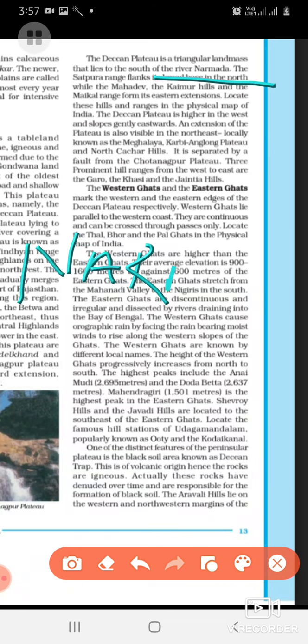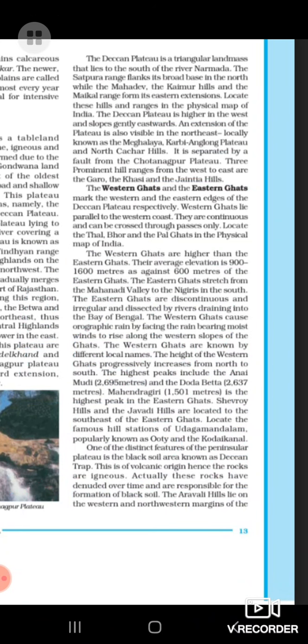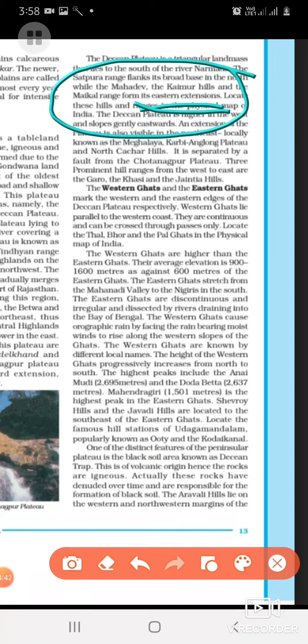So far you have seen that we are locating all the plateaus with respect to the Narmada river. The Satpura range flanks its broad base in the north, while the Mahadev, the Kaimur hills and the Maikal range form its eastern extensions.